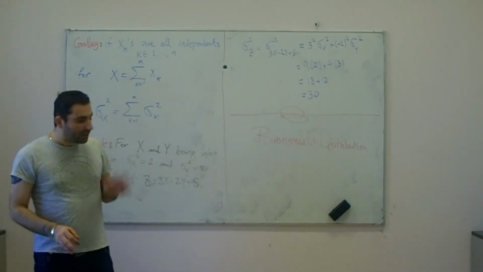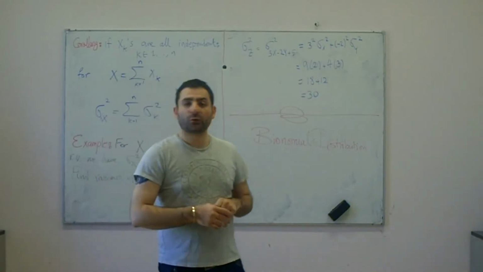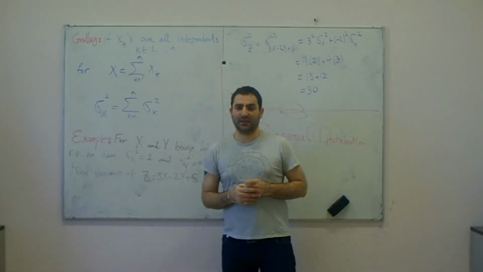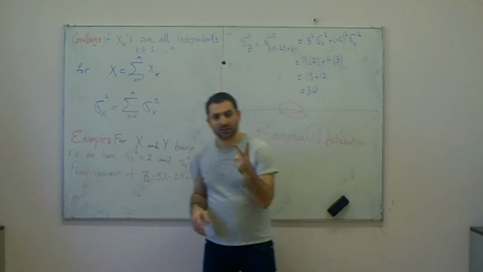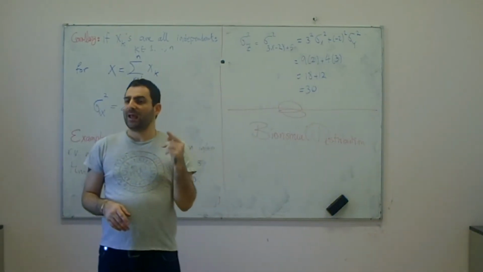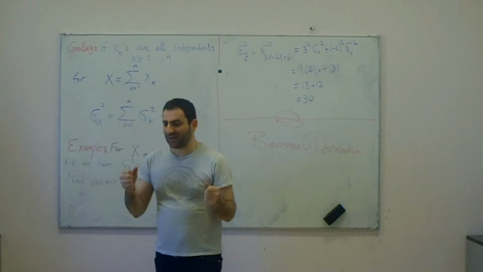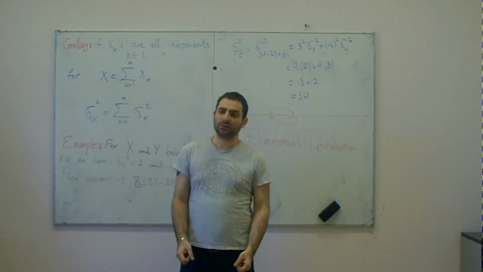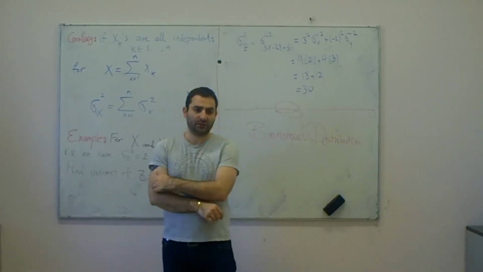Now, a binomial distribution will be defined for those types of events which have only two outcomes. And these outcomes can be referred to as 0 and 1, success or failure.